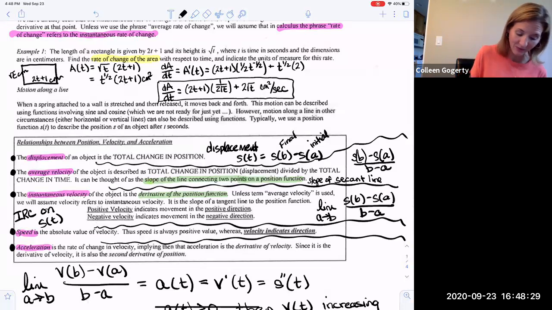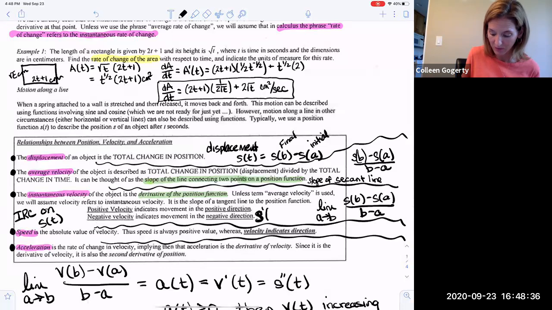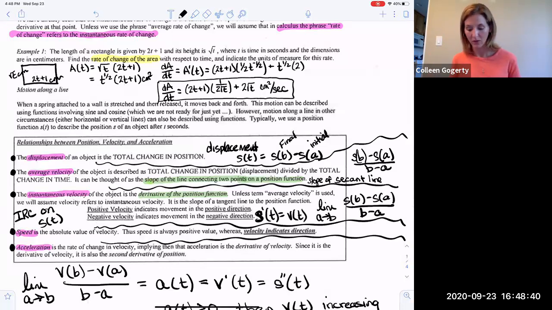So S prime of t is V of t, okay? The velocity function is the derivative of our position.